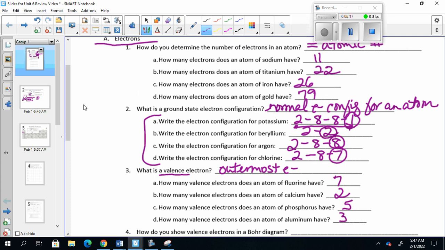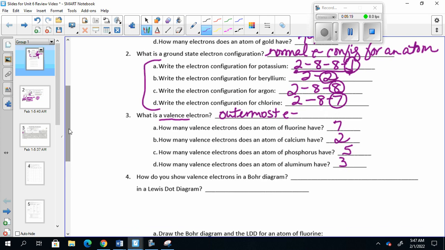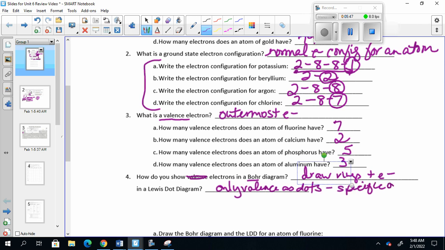All right, how do you show electrons? I really just wanted this to say electrons in a Bohr diagram. So Bohr, remember Bohr ring, you need to draw the rings and the electrons. And in a Lewis dot diagram, you do only the valence as dots. And remember, there is a specific order.